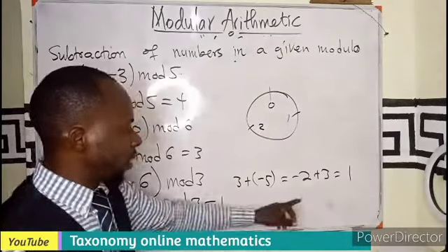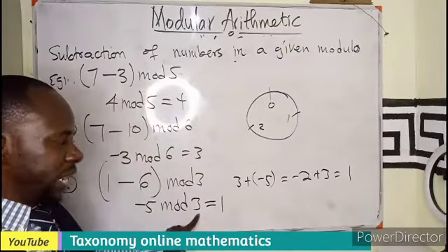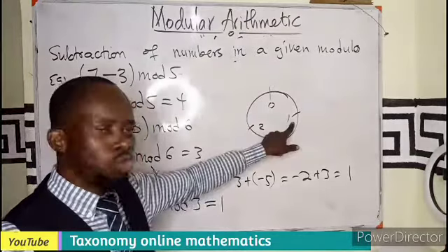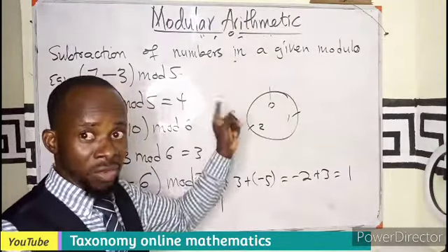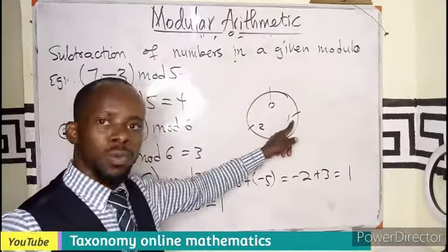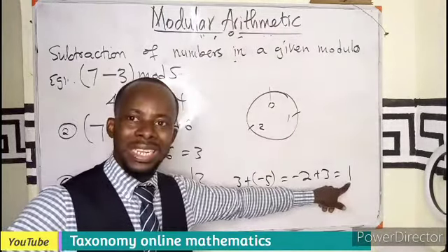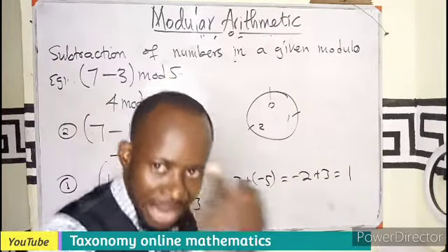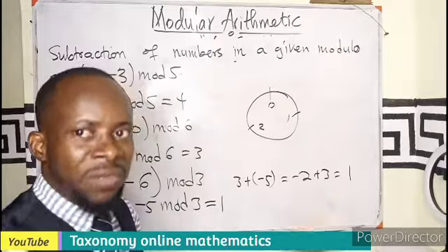I'm moving in mode 3. So this is negative 2. So I'm going to move 1, 2 anti-clockwise, not clockwise. From here, 1, negative direction, 2. So I get 1. So when I get a negative number, just add. Continue adding until you get a positive answer.